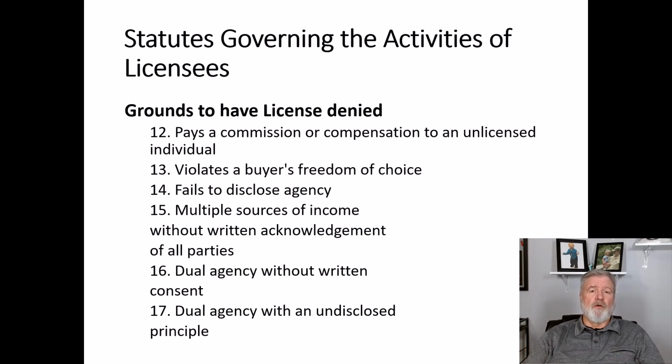But then I also find out that the seller is also offering a $2,000 bonus to the agent that brings a buyer to buy the house. Now, y'all, that's multiple sources of income, because I'm receiving the commission from the listing agent, and I'm also receiving a bonus from the seller. Two different parties. That's what this is referring to here.